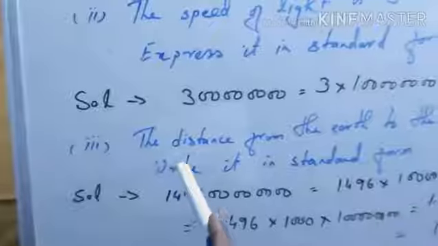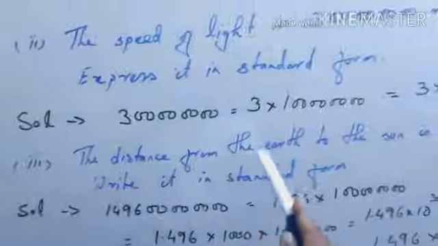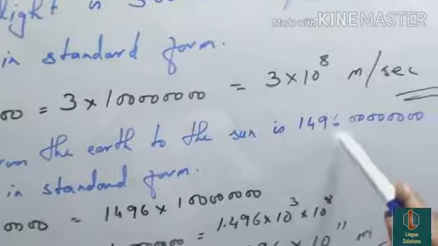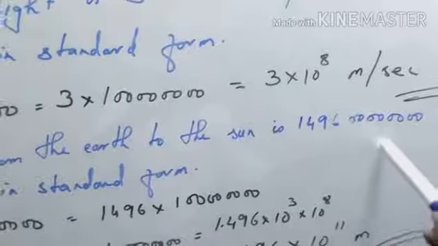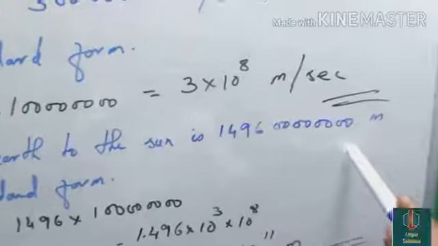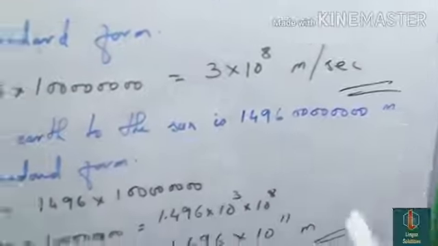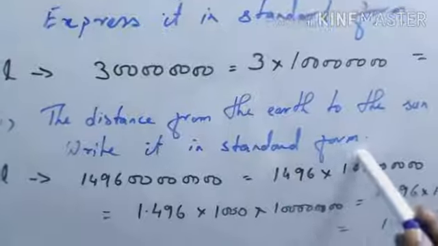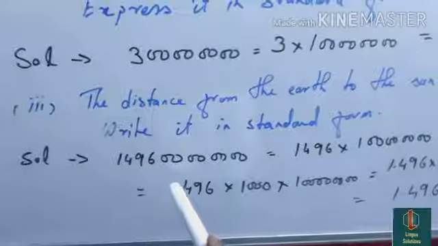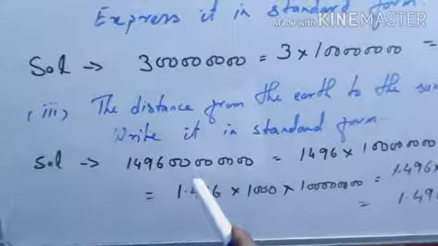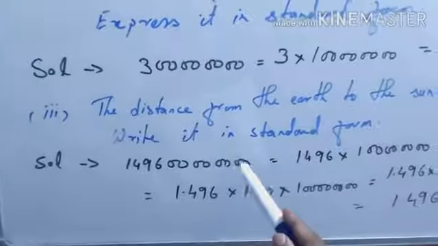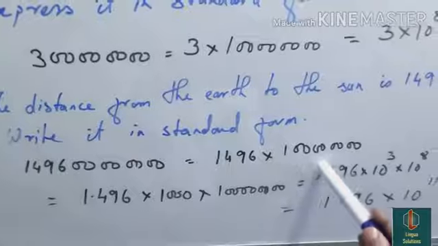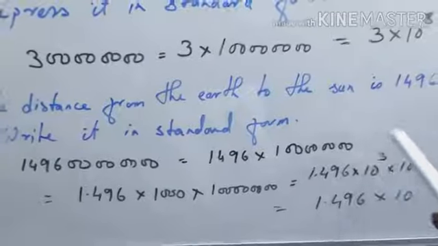Next question: the distance from the earth to the sun is 1496 followed by eight zeros meter. Write it in standard form. So first we will write 1496 followed by eight zeros as 1496 into 100000000.